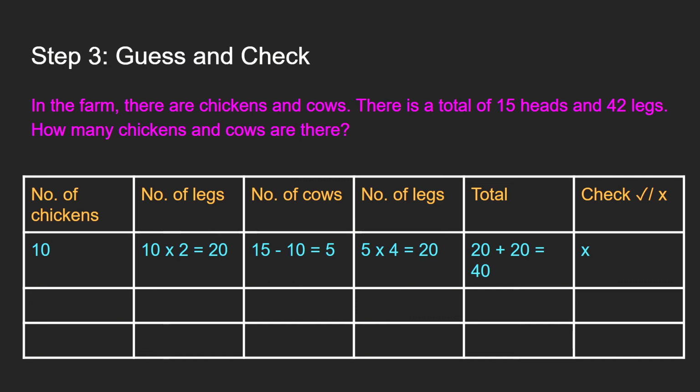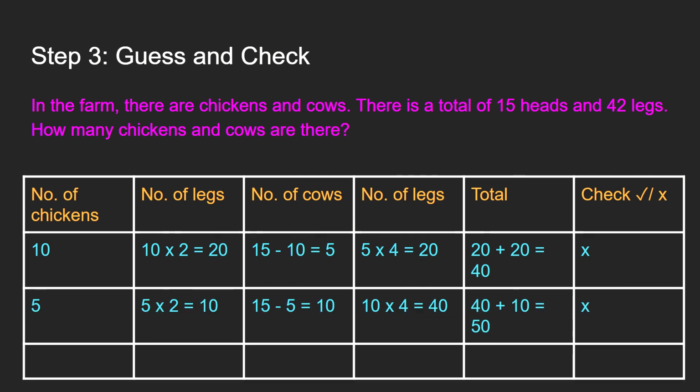And let's say this time around I want to have more cows and fewer chickens. So I change my answer, maybe 5 chickens, and number of legs from 5 chickens is 10, and number of cows will be 15 minus 5 equals 10, and number of legs from the cows will be 10 times 4 equals 40, which is not looking very good, and our total we overshot by 8 legs.